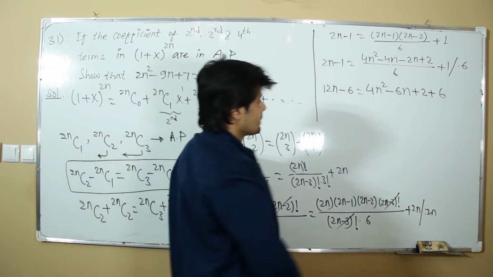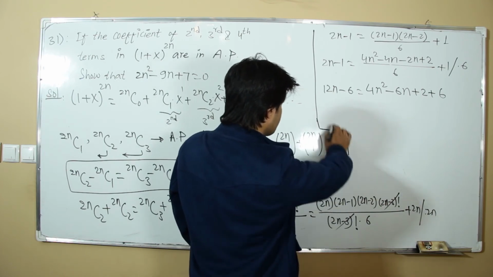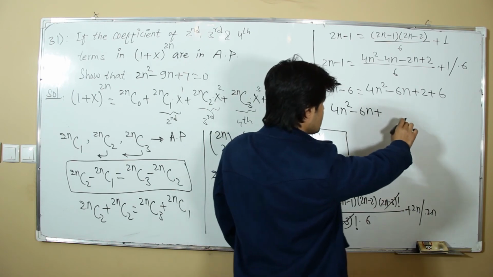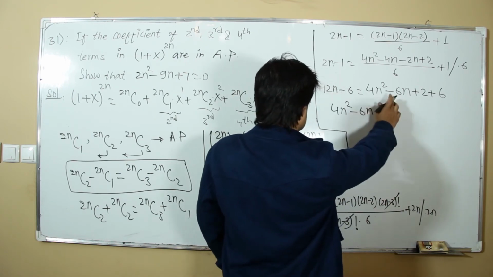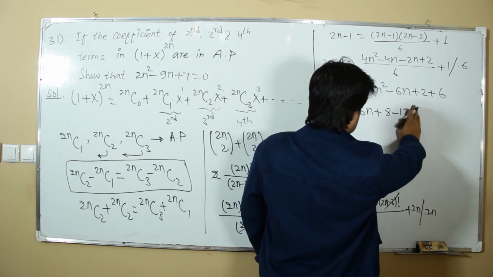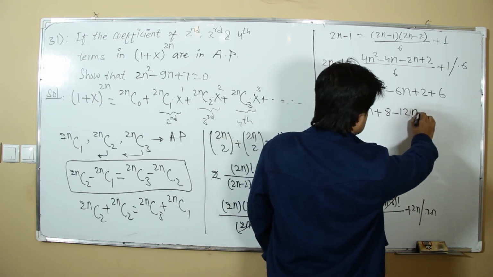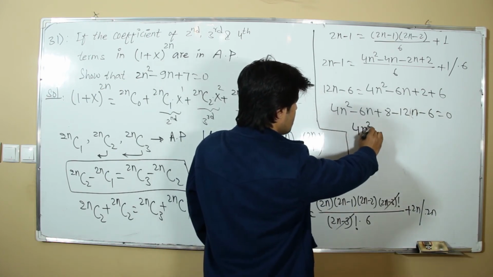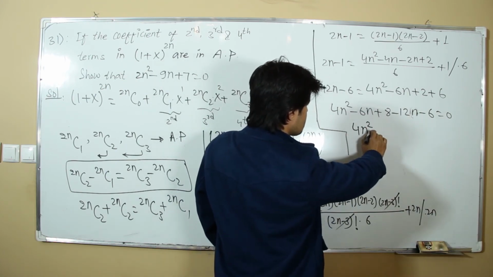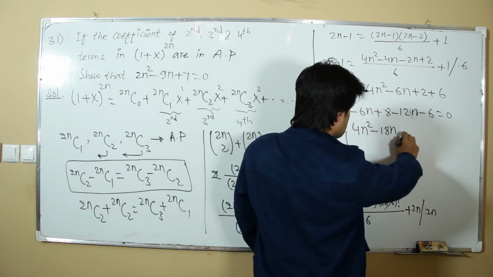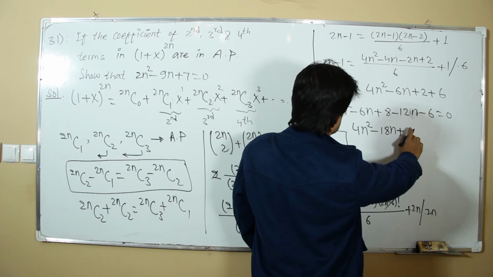Am I right? Yes. Now you will have 4n square minus 6n plus 2 with 6, it's 8. Put this one to the right side, minus 12n minus 6 equal to 0. You will have 4n square minus 12 with this one, it is minus 18n, and plus 8 with this one, it's plus what?